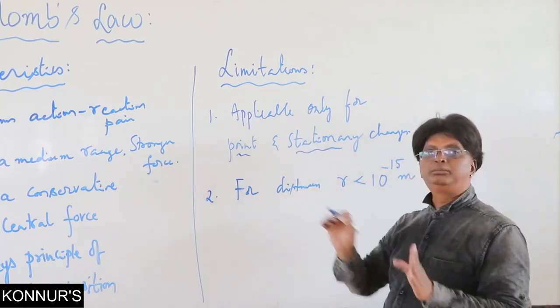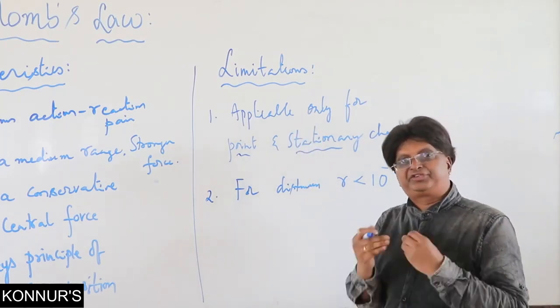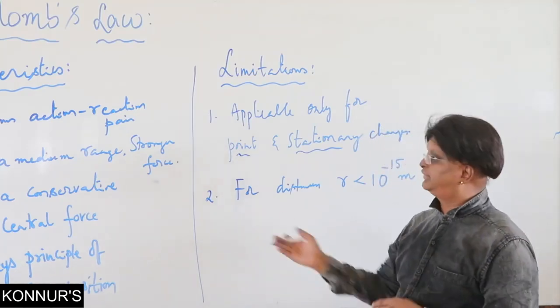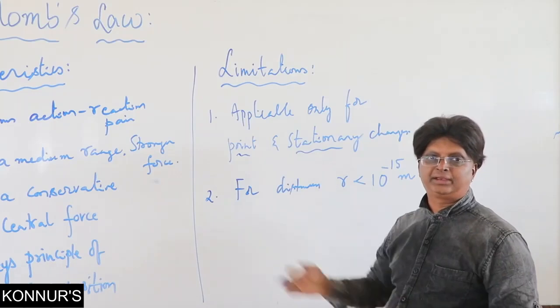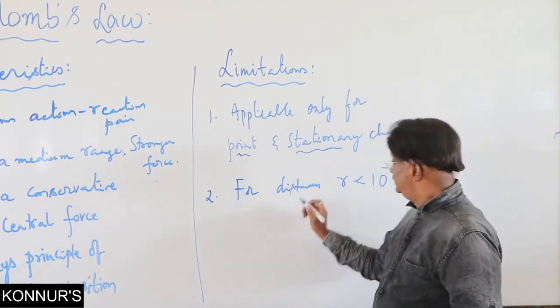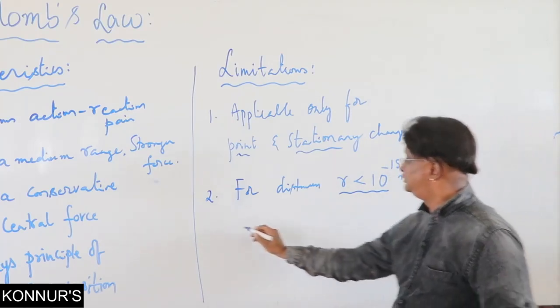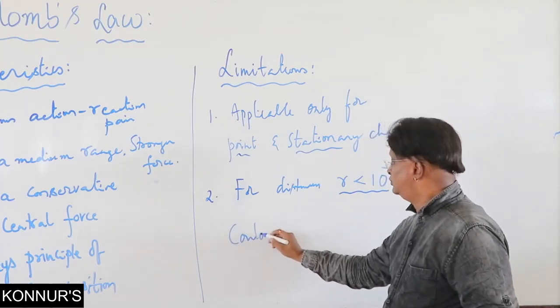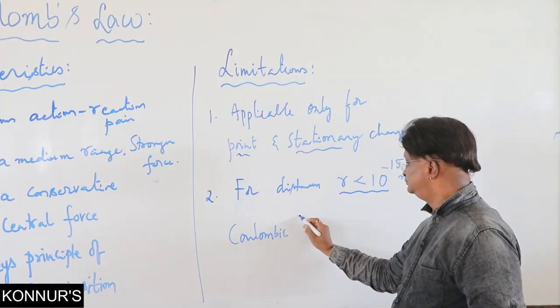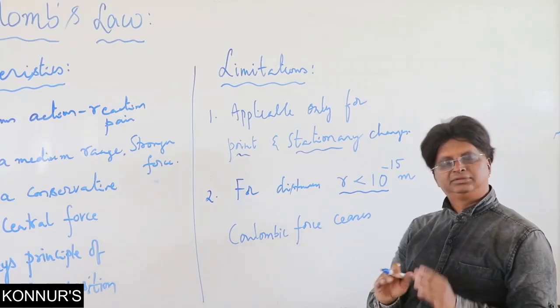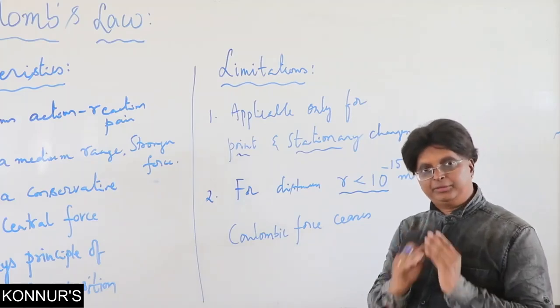Then Coulombic forces will not exist at all. The charges will be there, but Coulombic forces and all these expressions and characteristics will disappear. For distances less than 10 raised to minus 15 meter, Coulombic force ceases, which means it will not exist anymore.